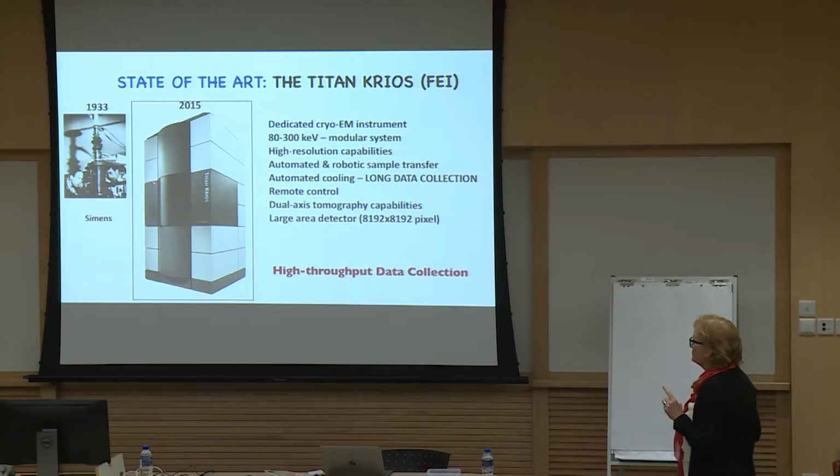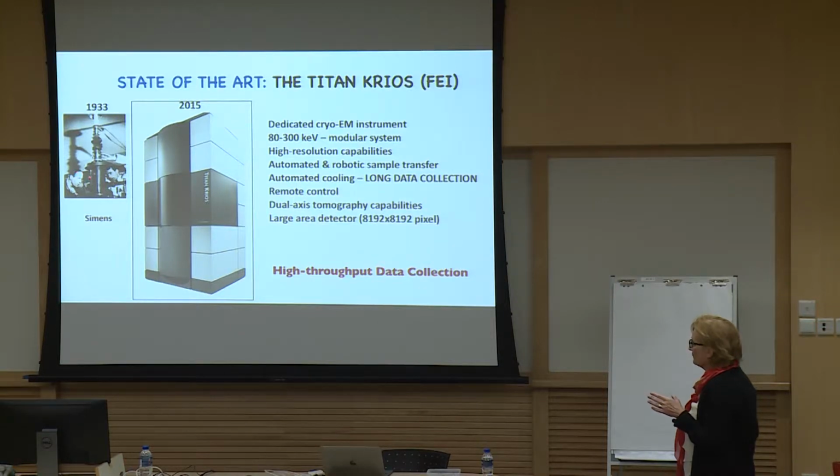Importantly, we have robotic sample transfer, which means that we have a cassette in which we can put up to 12 or 16 electron microscopy grids and screen them, and we have automated data collection. The vacuum nowadays on this microscope is wonderful.